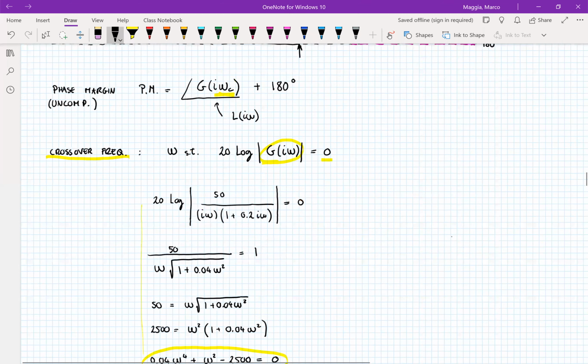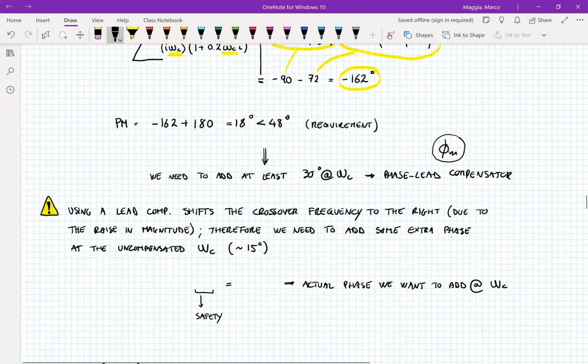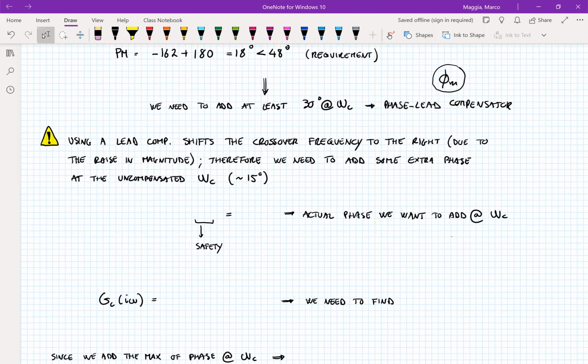I'm saying this because it's not going to be enough to add just 30 degrees, because you're adding 30 degrees at an old crossover frequency, but we're going to have a new crossover frequency. We don't really know where that is until after we've added the phase lead compensator.